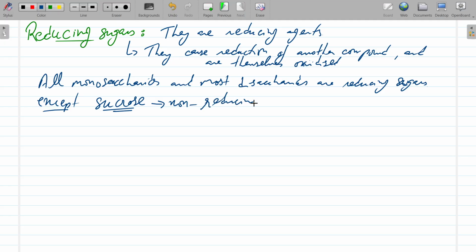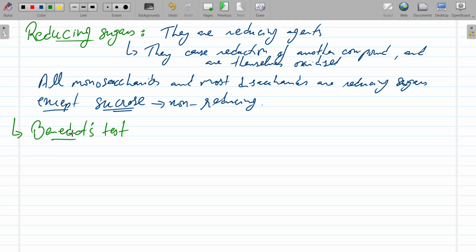And there is a test, an experiment, a procedure that is carried out for this, to check whether a certain sample is a reducing sugar or not, and that is called the Benedict's test.